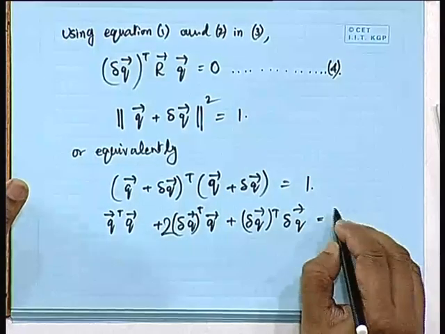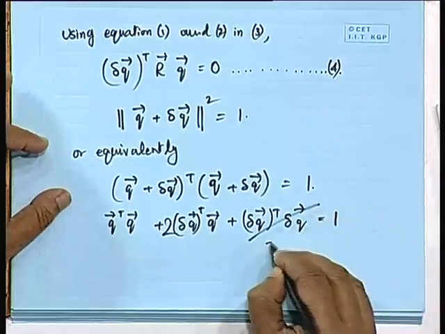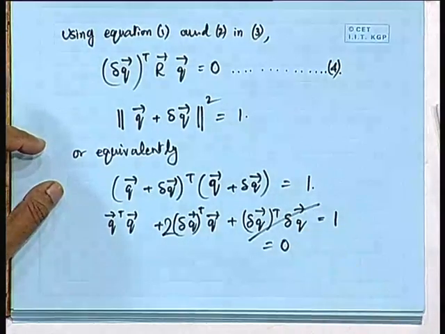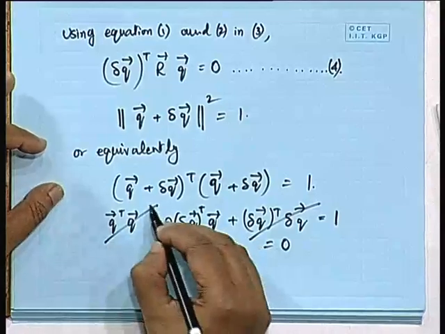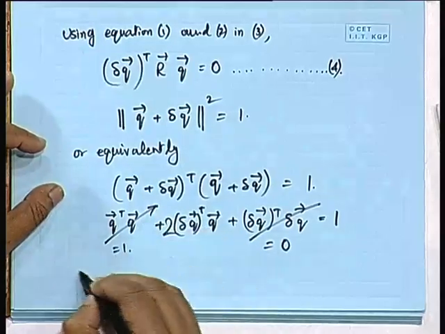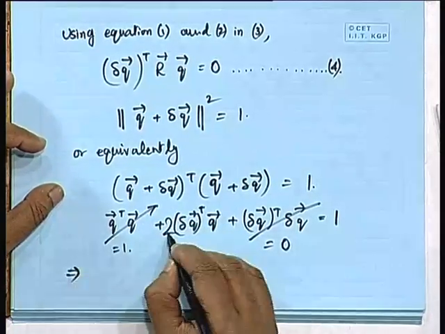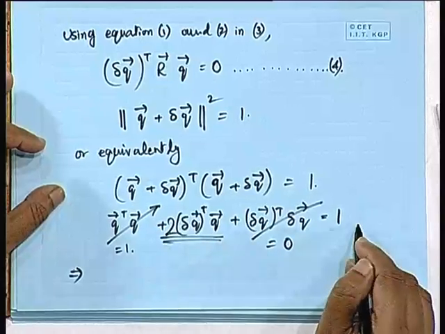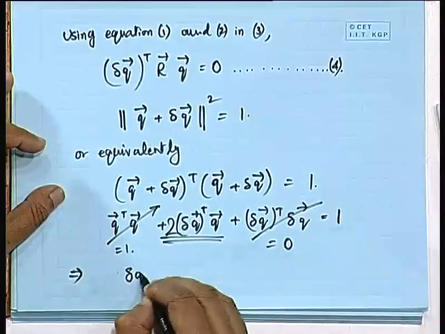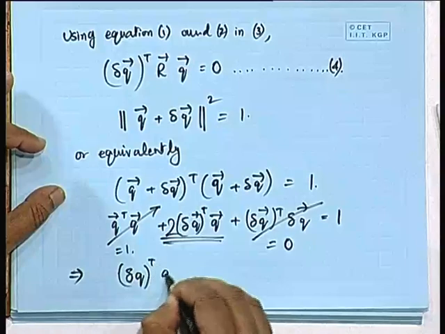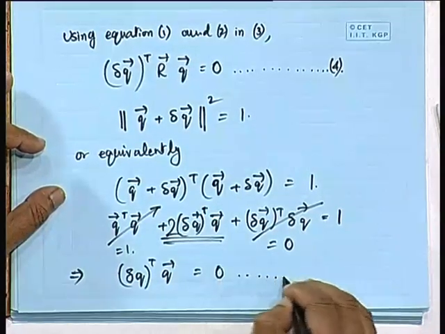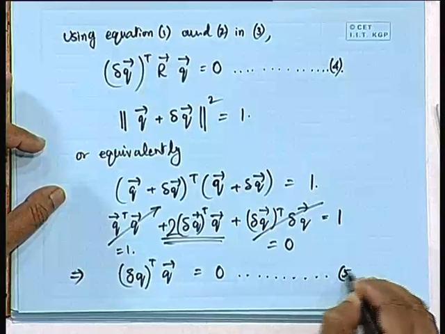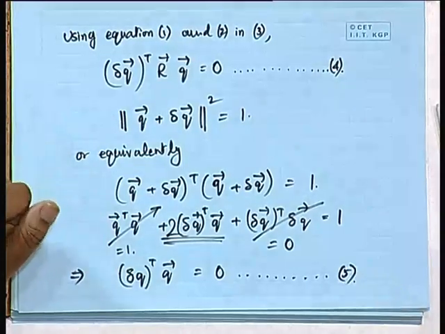This should be equal to 1. Since q transpose q is equal to 1, this implies that delta q transpose q is equal to 0. So, this is equation number 5.